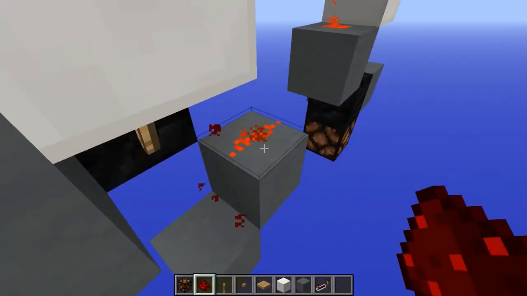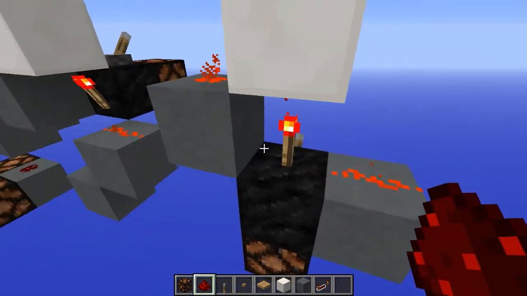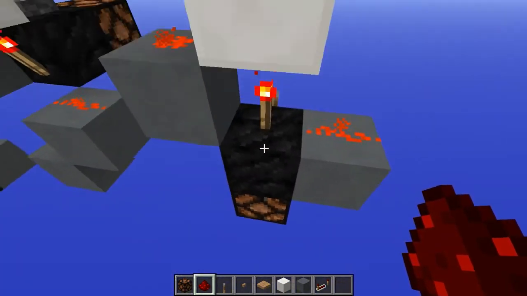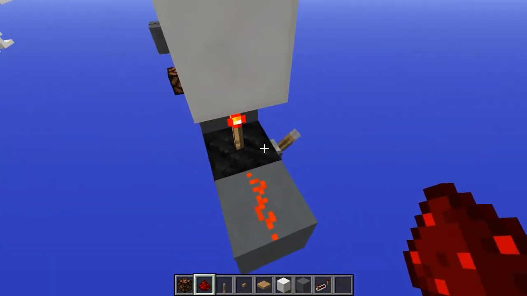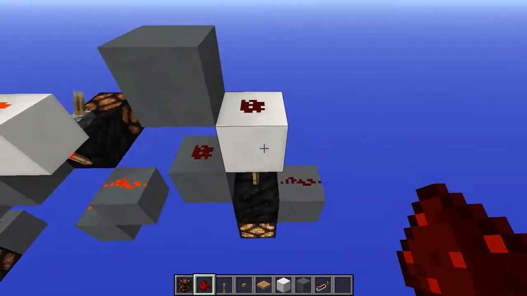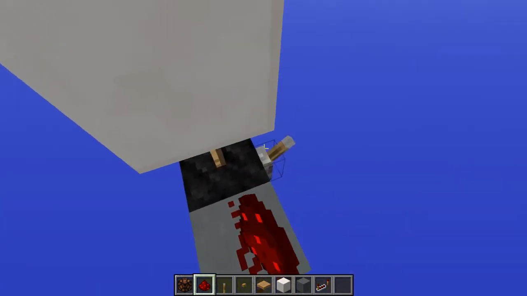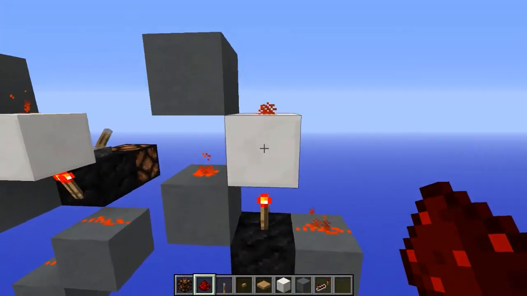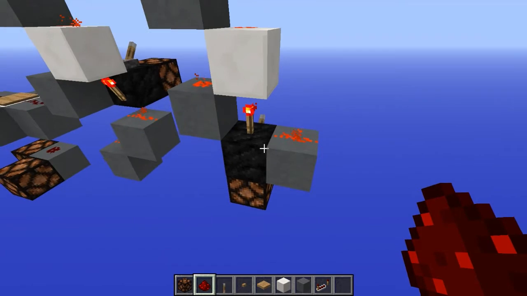Just like that. And over here, I have the same setup, but just with the torch on top of a block. So you can see here, when I power the block, those all turn off. And just as before, the block above turns into a source block, and all redstone adjacent to it gets powered.